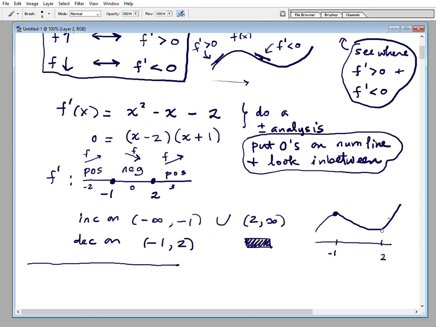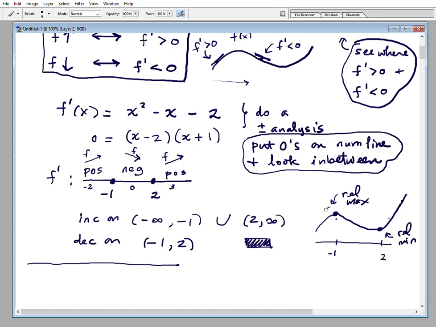Okay. So it looks like we have, this is called a relative max, and this is called a relative min. Relative meaning relative to points near it. Like for example, this is a high point, but if we continue along on the curve, we have higher points.